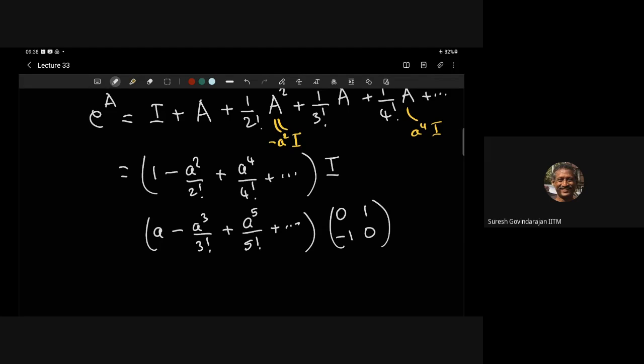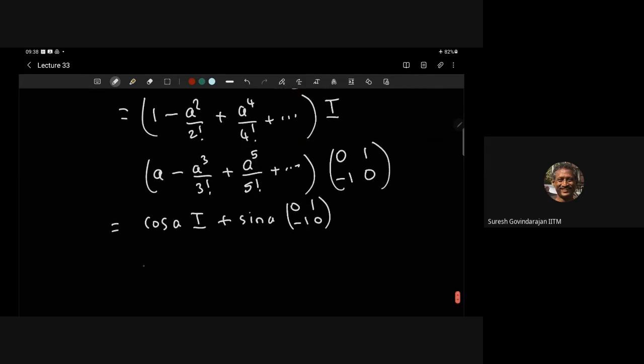This is the expansion of something which you should know, which is cos A, and the second term is sin A. So A is just the angle of rotation.